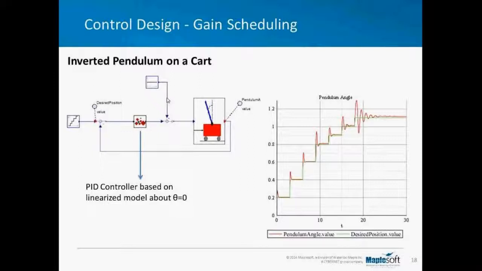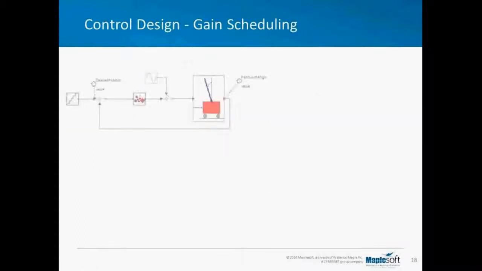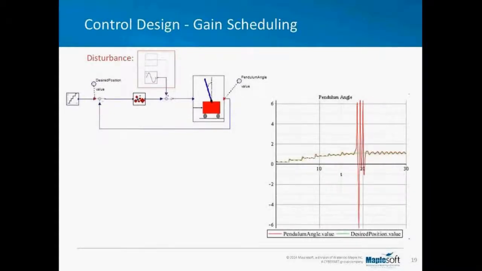So we're actually changing the desired angle, you can see in the input here, so that it's increasingly getting further and further away from that linearization point, theta equals 0. And you can see the decreasing controller performance as we go further and further away. And now if we turn on the disturbance, you can see the system goes to instability.